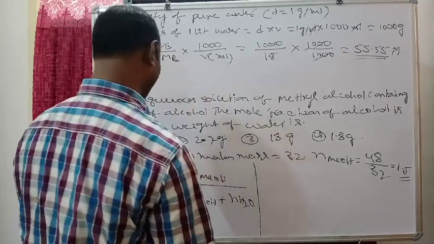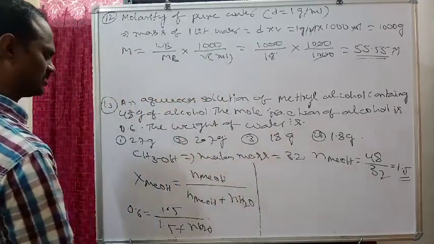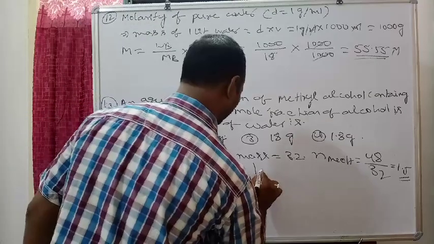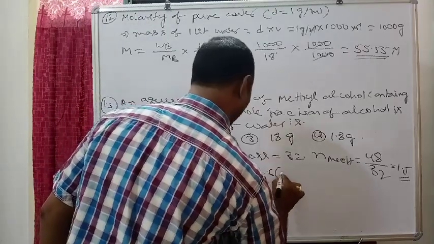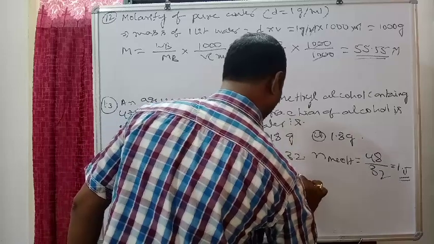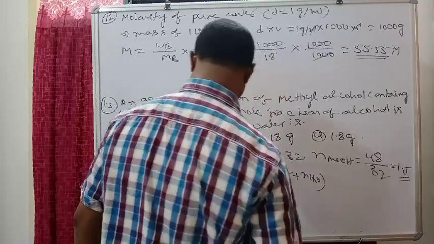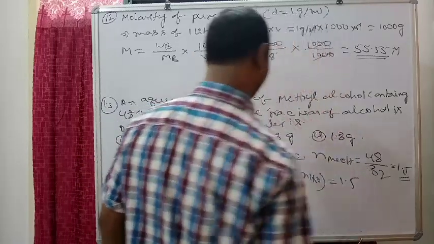From this, 1.5 plus the number of moles of water is taken to that side: 0.6 of 1.5 plus 0.6 of the number of moles of water is equal to 1.5.